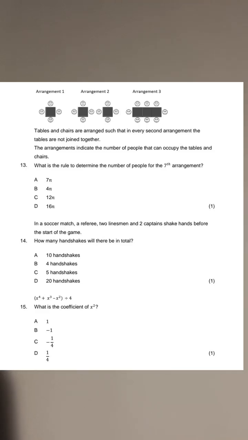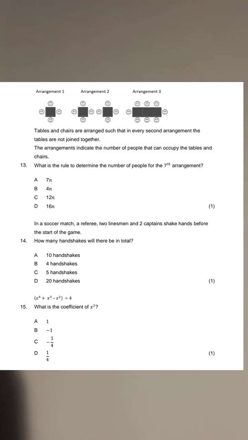So here we are interested in the number of people that occupy the tables and the chairs. They are asking, what is the rule to determine the number of people for the seventh arrangement?